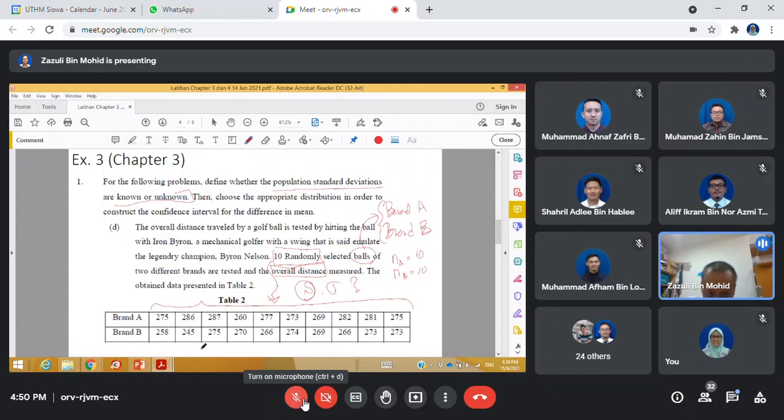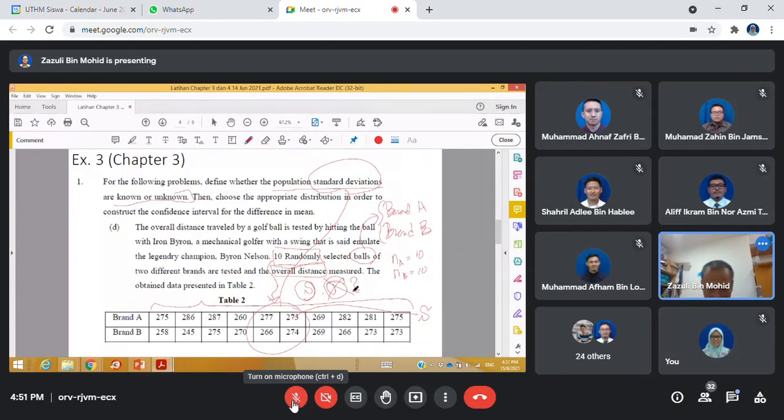Even though we calculate it, we can have the standard deviation. But the standard deviation for this question here is referred to as S. We will never have the sigma.